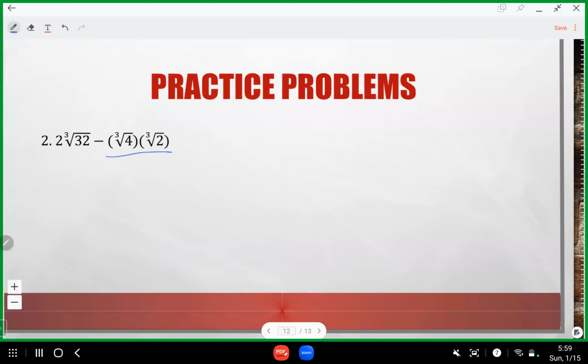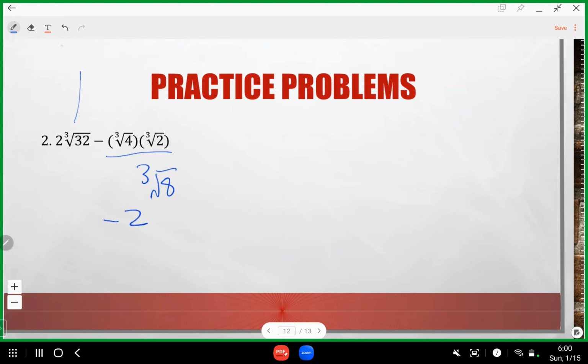Well, because of the product rule, we can actually combine these because they have the same index, which is 3. So the cube root of 8, which conveniently is just 2. It's just -2, right? And this is going to be 2 times the cube root of 32.